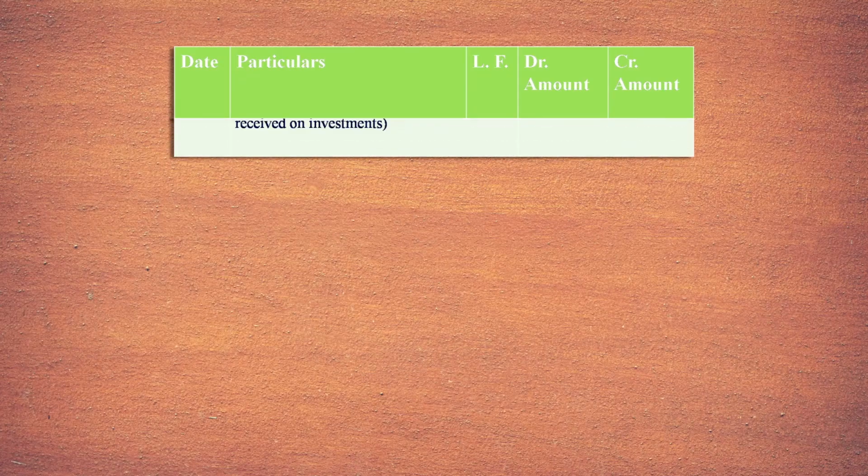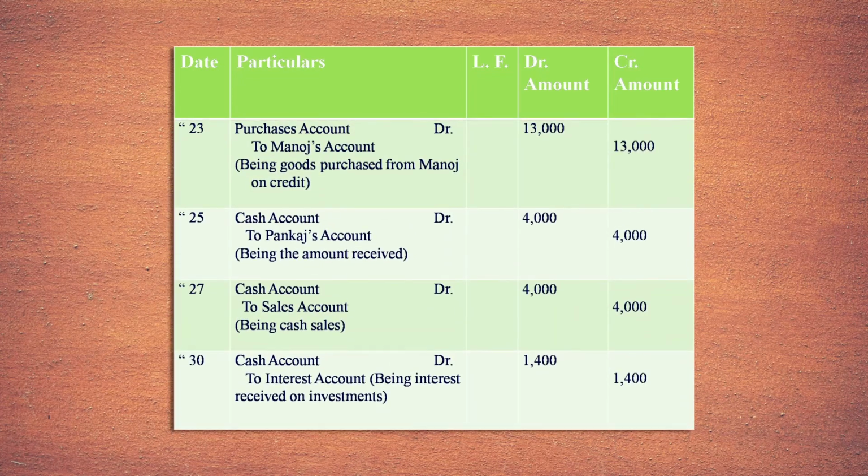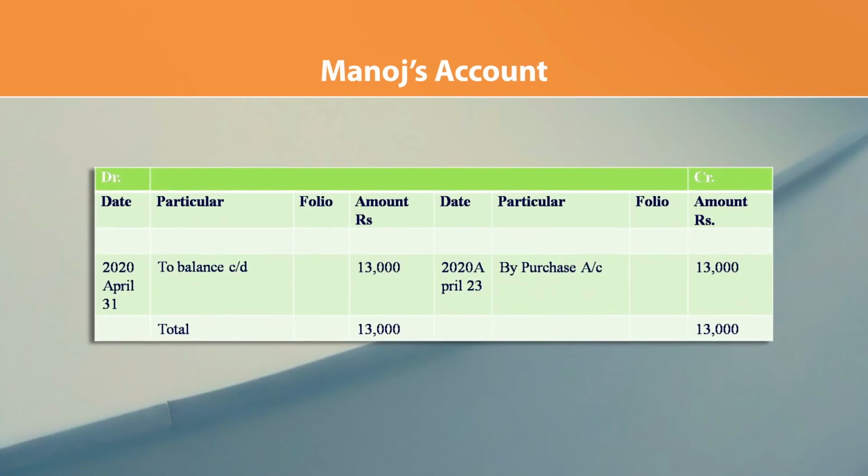Next one is purchases account debit to Manoj. So here you will find in the debit side 13,000 of purchases account and 13,000 in the credit side of Manoj account. So you can see here purchases account to Manoj 13,000, and in the Manoj account you will find by purchases 13,000.